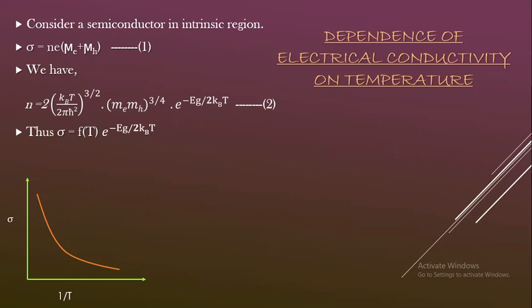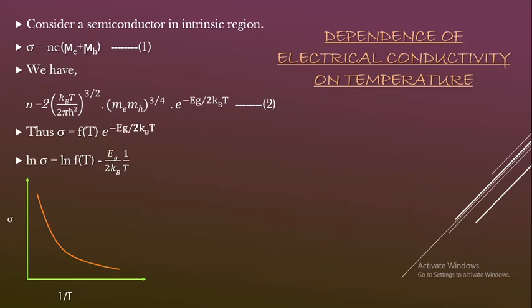Again, for a simpler way to interpret the conclusion, let us take the natural logarithm of this equation on both sides. So what do we get? ln of sigma will be equal to ln of the whole term. It is something like ln of a into b, which will be equal to ln of a plus ln of b.